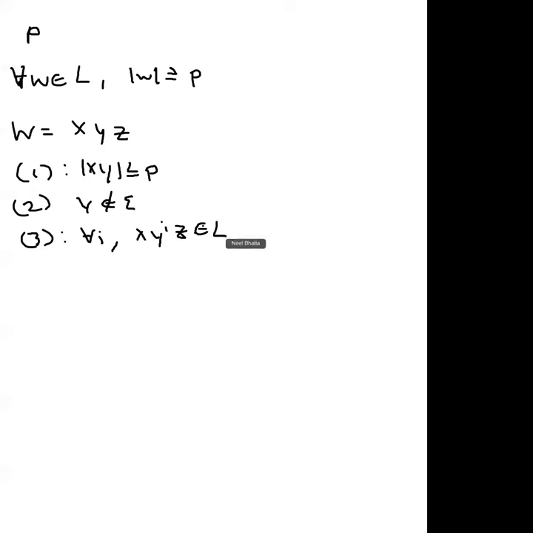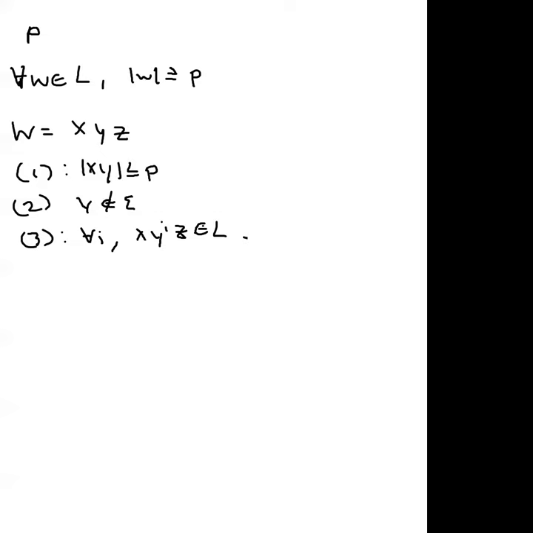So the idea is that DFAs either have loops or don't have loops. So if you let P be the number of states in a DFA, and you have a word with more than P characters, it has to revisit a node twice. And that is a potential loop in a way. So we try to capture that loop with the idea of Y, like Y being the characters traversed in that loop.